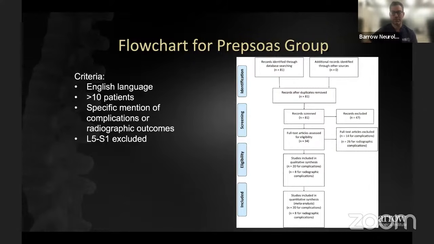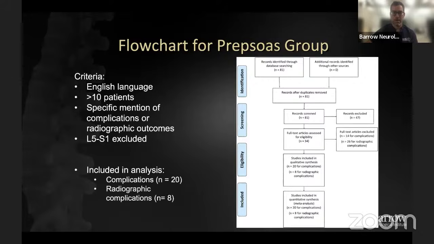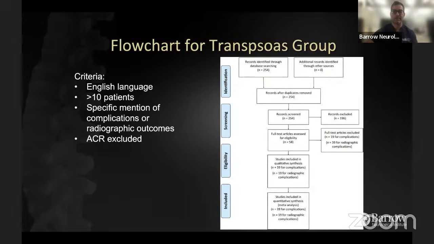For the pre-psoas group, we excluded complications related to L5-S1 since this is not routinely performed through a trans-psoas approach. After this review, we ended up with 20 papers included in the complications analysis and 8 in the radiographic analysis.